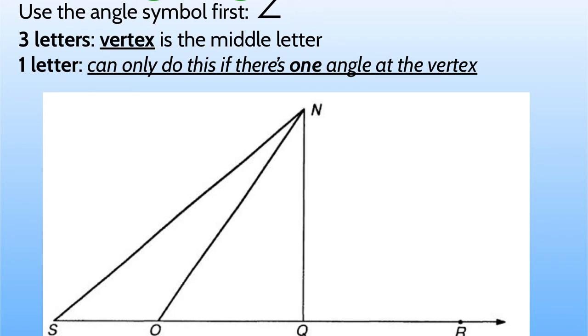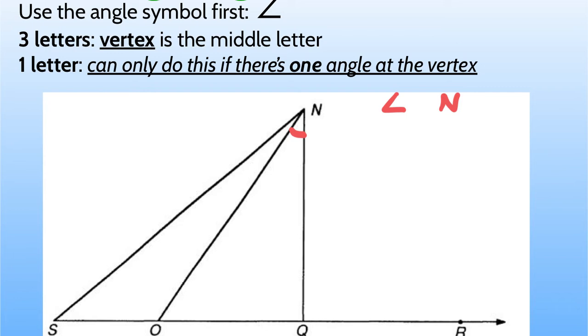If you're going to name an angle with 3 letters, you need the vertex to be the middle letter of the 3 letters. For example, let's look at this angle up here. We would call that angle, and the vertex is N, so N goes in the middle.